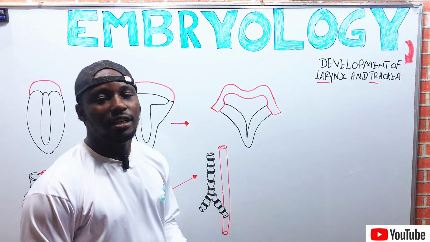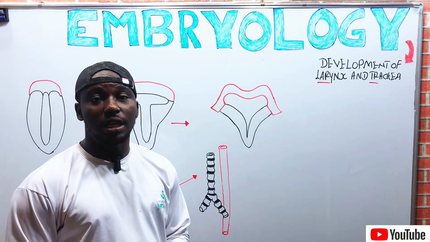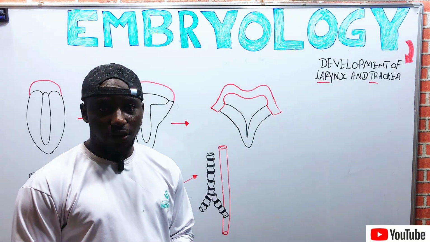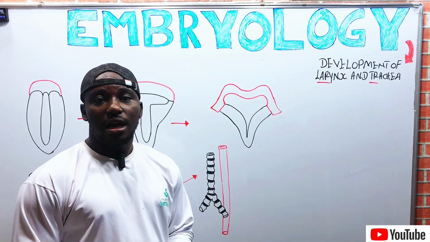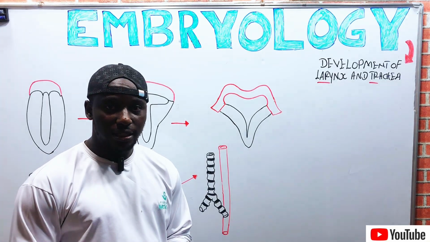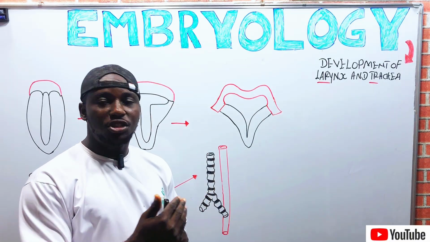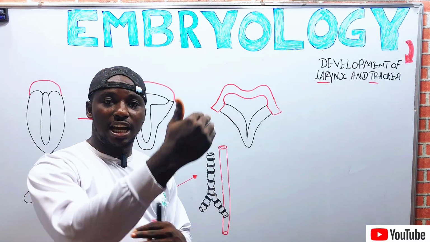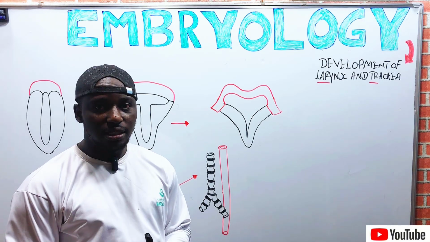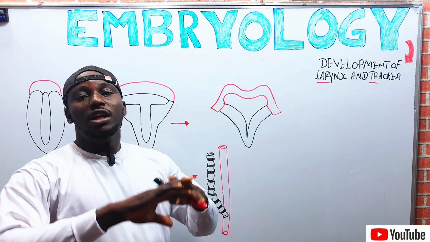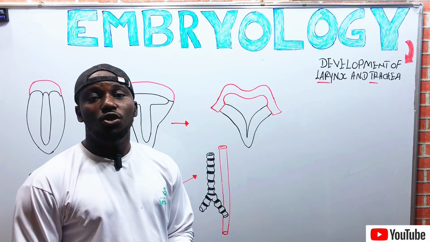You have to understand that the respiratory system developed from the laryngotracheal diverticulum, from the ventral aspect of the cranial part of the foregut. That is where it evolved. It developed from the ventral, which is the anterior, and cranial, which is the upper or superior aspect of the foregut.